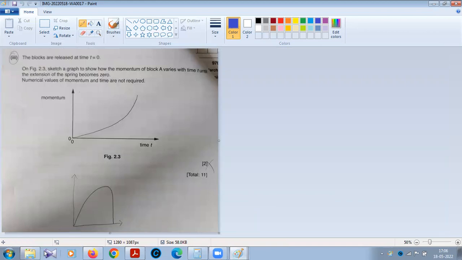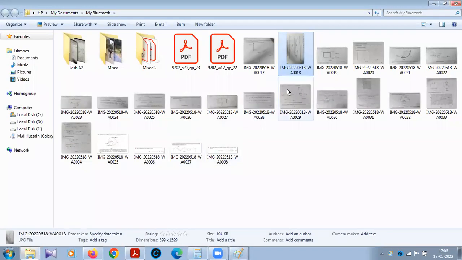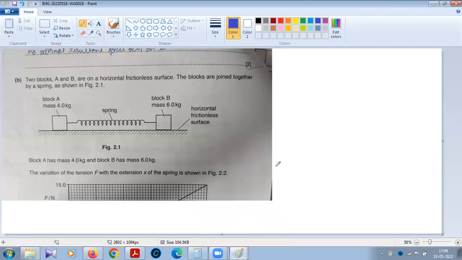This is not complete now, I think. Should I send the graph too? Variation of tension F with extension X of the spring, is it a straight line? Wait. I'll send the question.